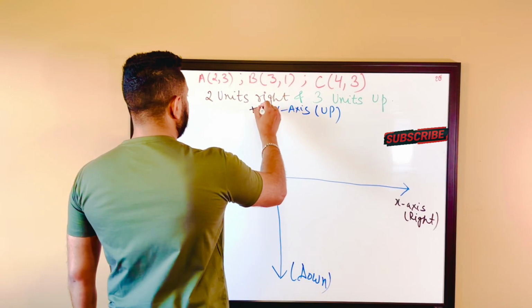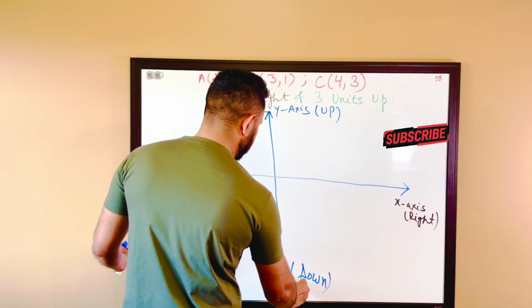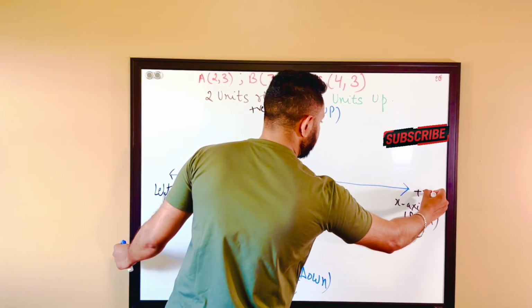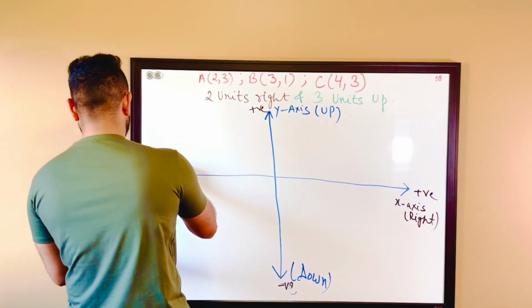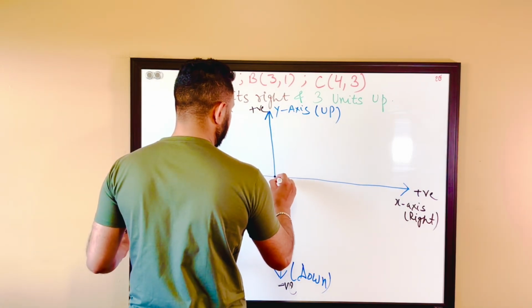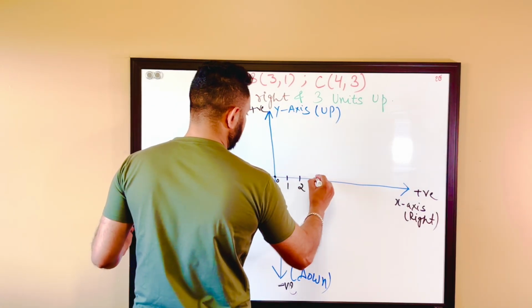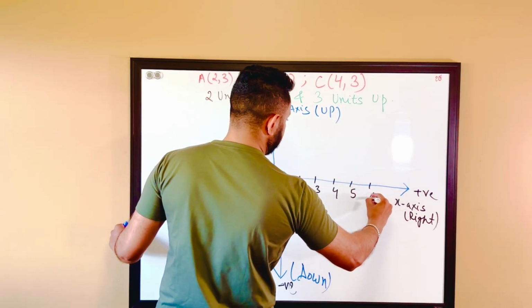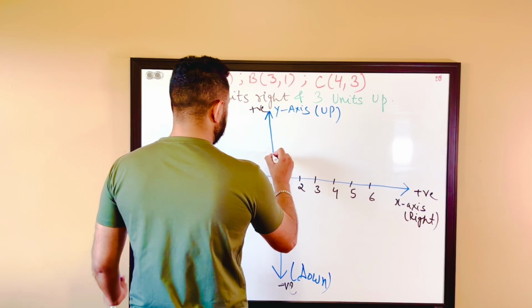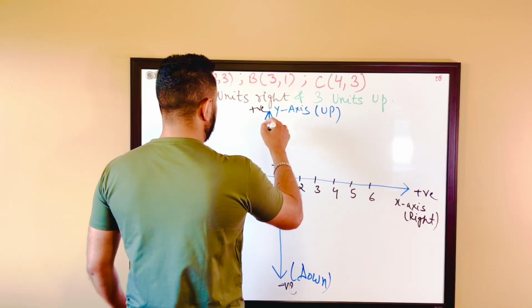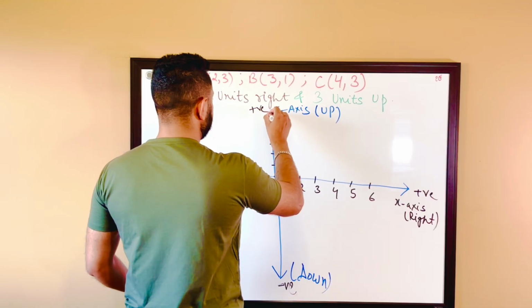So this is positive, this is negative, and this is positive and this is negative. So this is 0, 1, 2, 3, 4, 5, 6, and this is 1, 2, 3, 4, 5, and let's say this is 6.